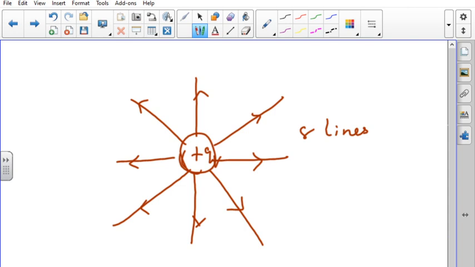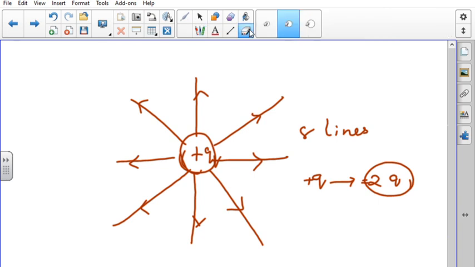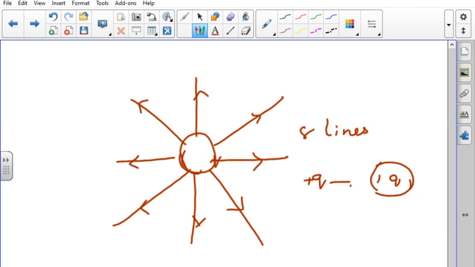Then, instead of plus q, we raise the magnitude to twice that of the given charge. Let us take minus 2q. Minus here represents that it is a negative charge, but the magnitude is twice. Or let us take plus charge twice, plus 2q.